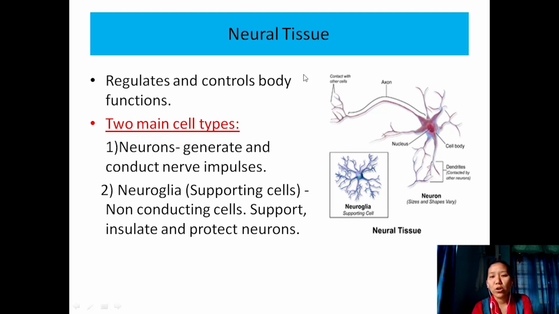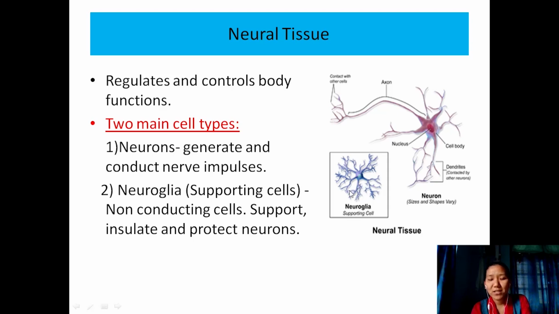And this neuron, okay, so this is a structure of neuron here. On this neuron, we can find a cell body here containing a nucleus, and then we have axon here having an axon terminal, and then on the cell body you can find a branch structure called dendrite here, dendrite, and this is a neuroglia, or you can say supporting cell or the glial cell.